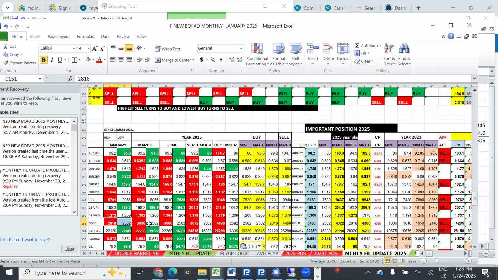You can see our lowest never changed throughout the year up to now, which means the high moved from 2818 to 3058, from 3058 to 3500, from 3500 to 3872, and from 3872 to 4498. What a massive move for the year.